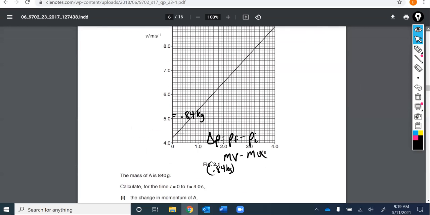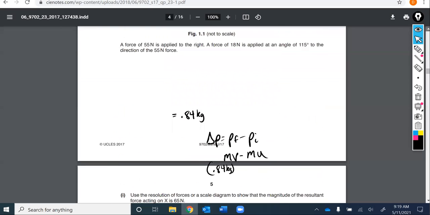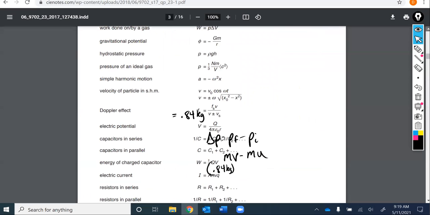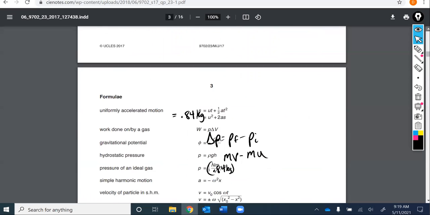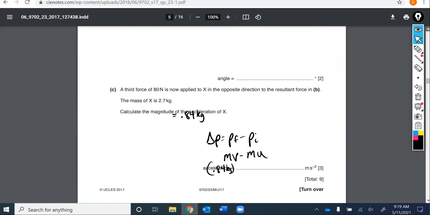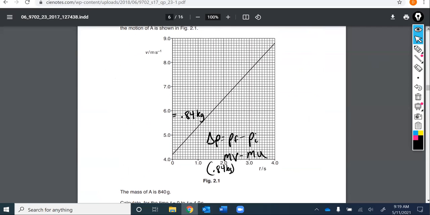Here we need to take care to read off the graph. Let your eyes steady there. All right, and let's be mindful of the scale.